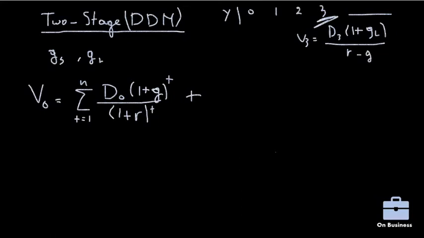But what would this give me? This would give me the value at year 3. I want the value at year 0. So I have to discount this value by 3 years to arrive at V0, okay?